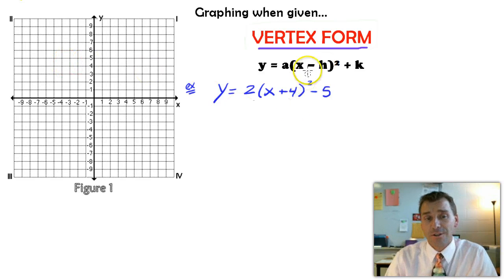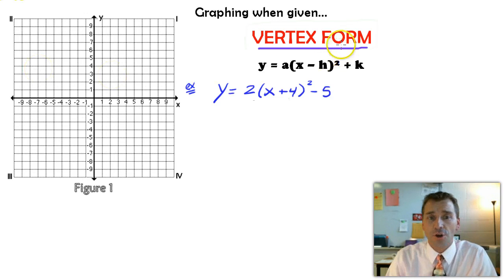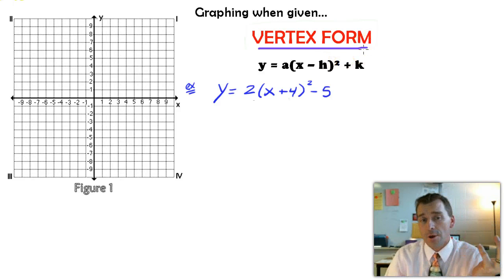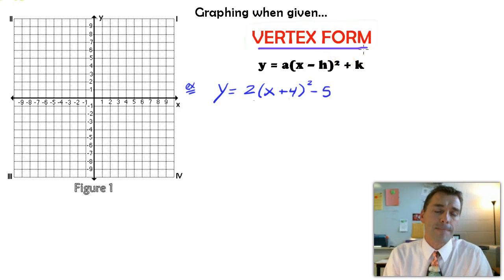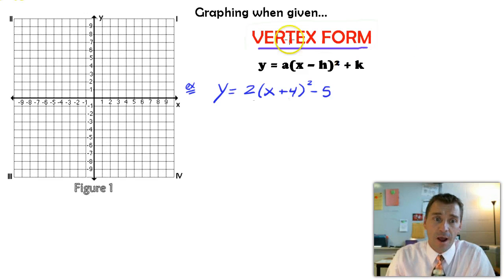Okay? So here's the first thing. With vertex form, guys, straight up, out of the gates, here's what I would do. Because you know this for a fact: since it's in vertex form, the very first thing, step number 1, you can instantly and immediately determine the vertex. And as soon as you determine the vertex, plot it. And remember how the vertex works.